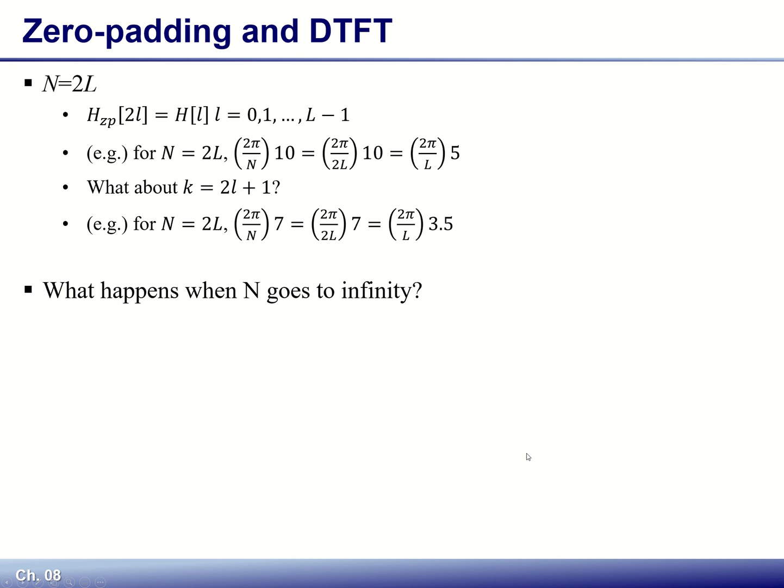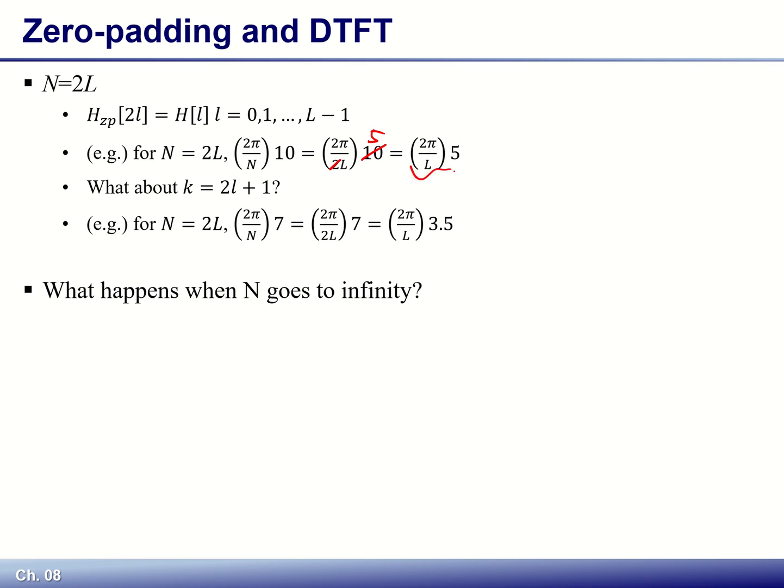In a special case, N is 2L, and h_zp of 2L is the same as the original one. For example, 2 pi over N times 10, since N is 2L, we can cancel out, so it is 2 pi over L times 5.